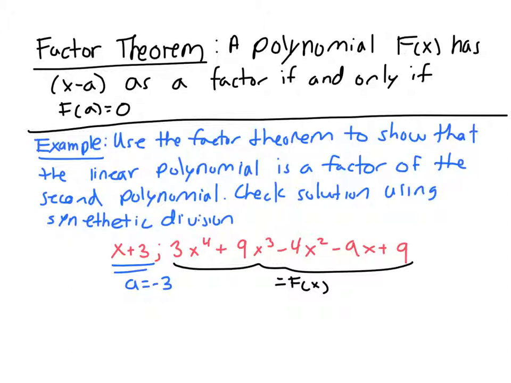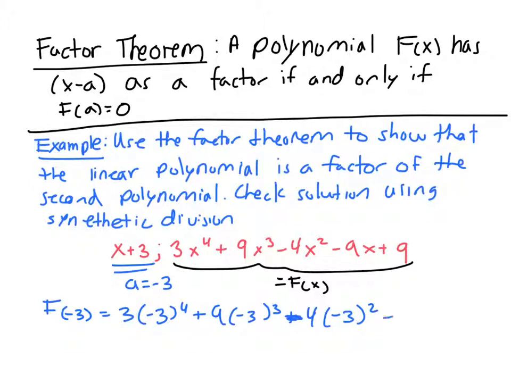Okay, so we just plug negative 3 into f. We'll have 3 times negative 3 to the 4th plus 9 times negative 3 to the 3rd minus 4 times negative 3 squared minus 9 times negative 3 plus 9.